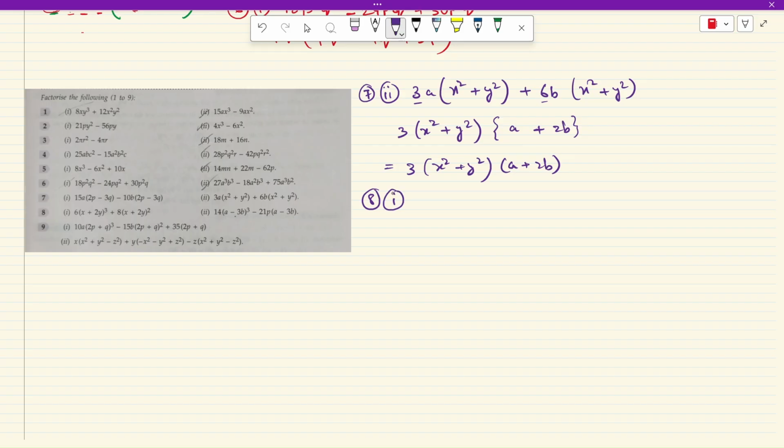Then 8th question, we can take (x plus 2y) squared as common. As I've always told, in case of variables you will take the lowest power. So over here the lowest power is 2. I will take that as common. In case of numbers I will take 2 as common. So this will be 3.